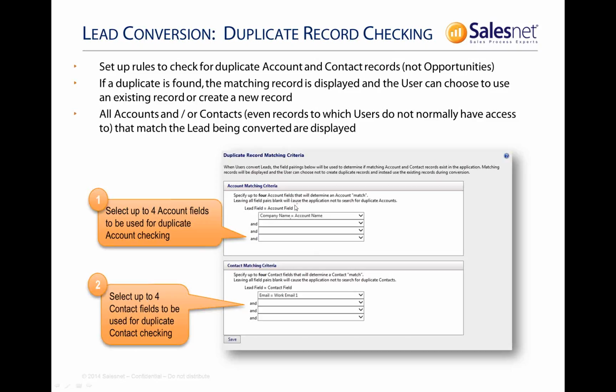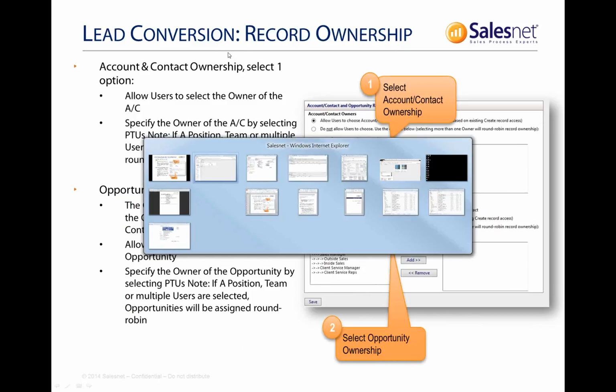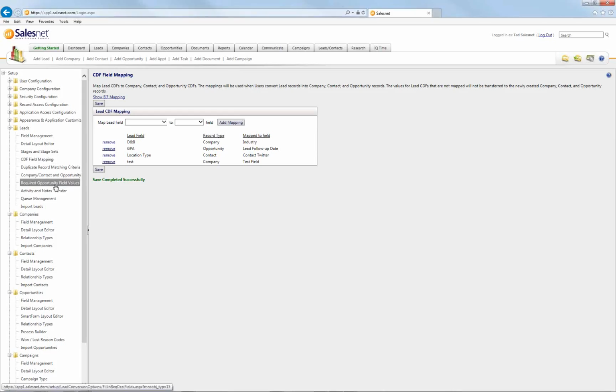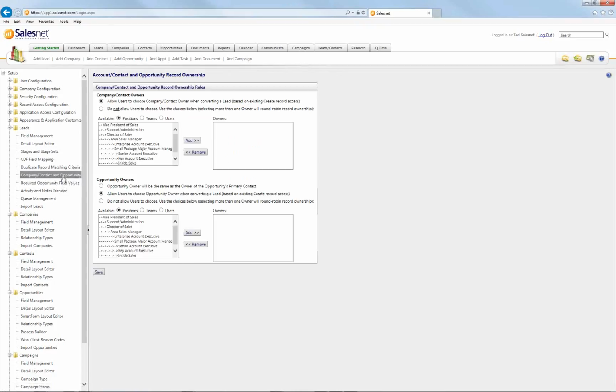Okay. So this is our duplication checking. Then we have this lead conversion, and this section is company, contact, and ownership. Sorry, I jumped ahead.